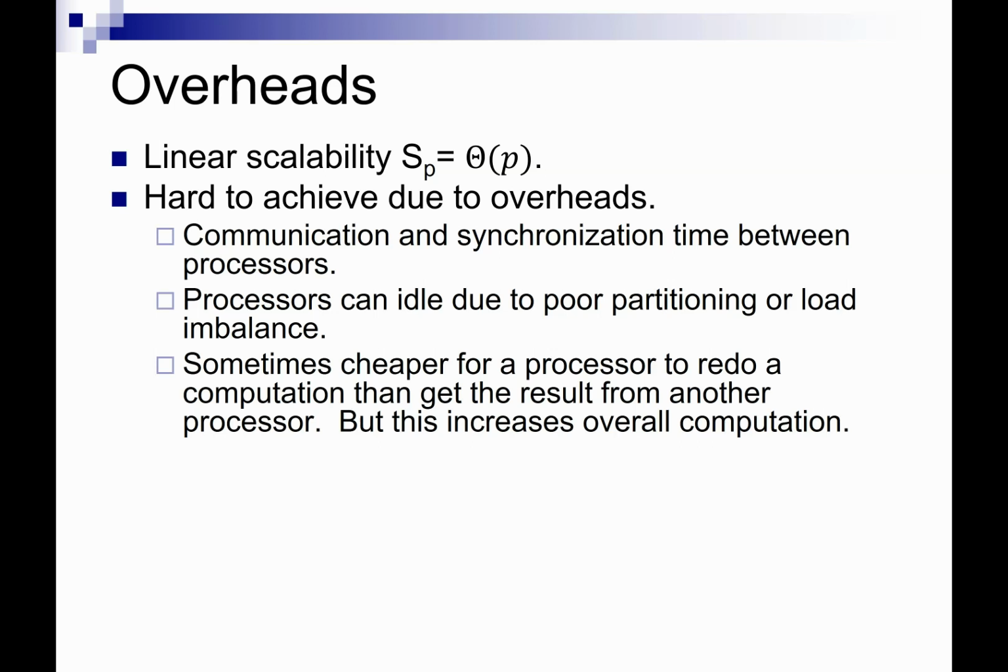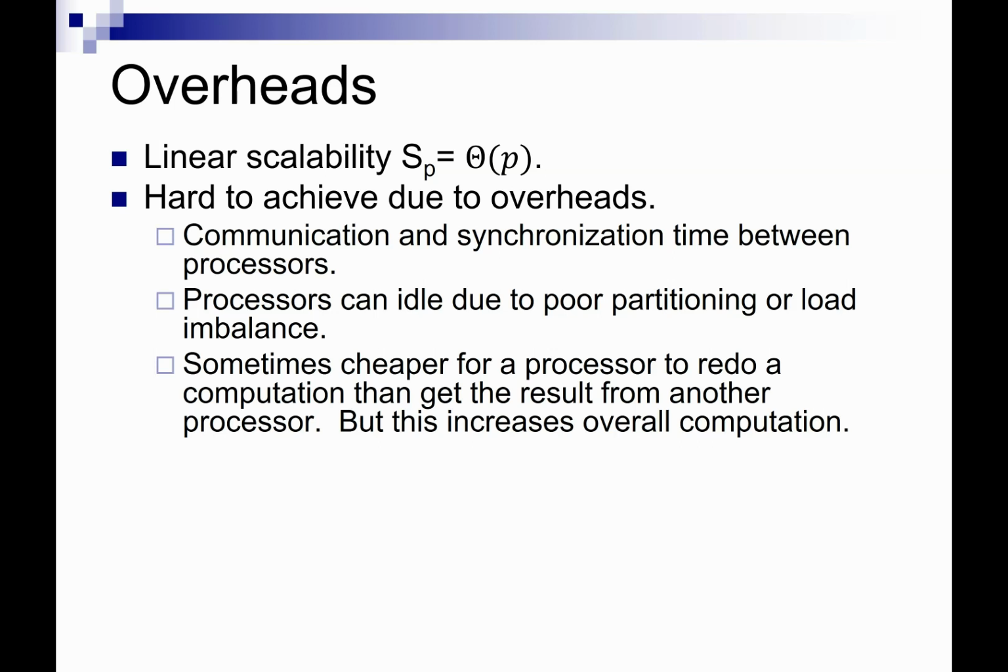For example, if you have two processes and the first one does a very simple computation, let's say it adds two numbers. That's a very fast computation. Now, if the second process needs to know that sum, then you have two choices. Either you can have the first process do the sum and then communicate it to the second process, or you could just have the second process compute the sum by itself.